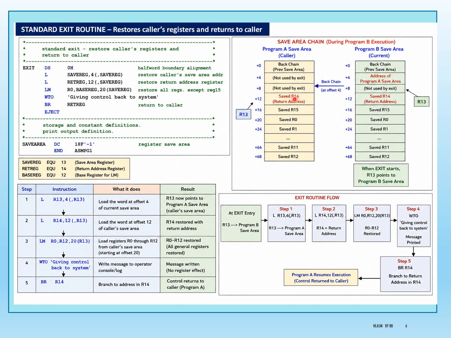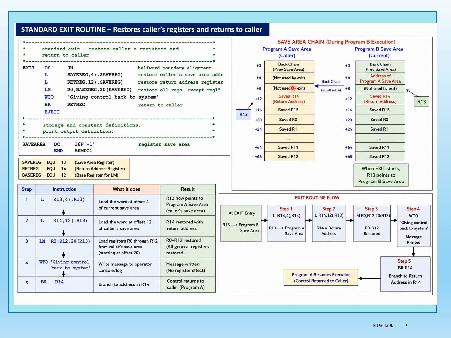So I am taking this return address and putting it in my new register 14. Don't get confused, this is the save area and the register is different. Before we moved into program B, we took all the registers and put them in the program A save area. So at offset 12, the register 14 address is there.